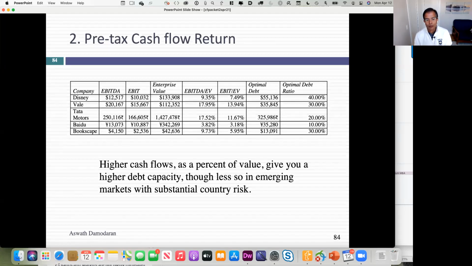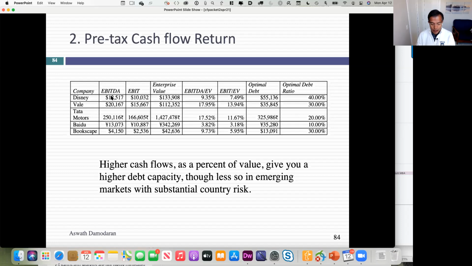I told you that my approach to coming up with the optimal is to look at how much the company makes, how much it has in earnings and cash flows. The more a company generates in earnings and cash flows relative to its market value, that's key. The higher that percentage, the more it can afford to borrow. So let's try this.